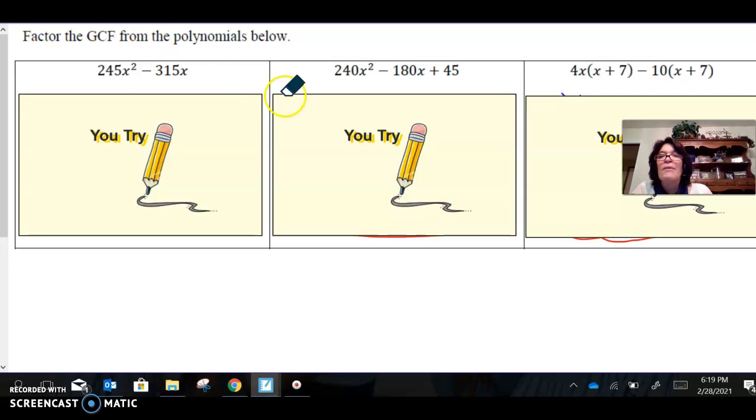Now we're going to factor the greatest common factor from these polynomials. First we have to find the greatest common factor, and then we factor it out. You can pause me and try it.